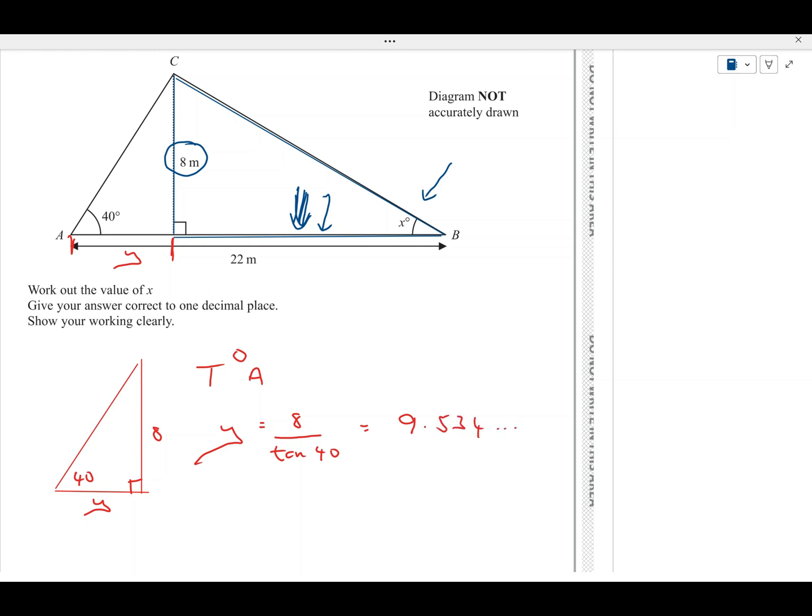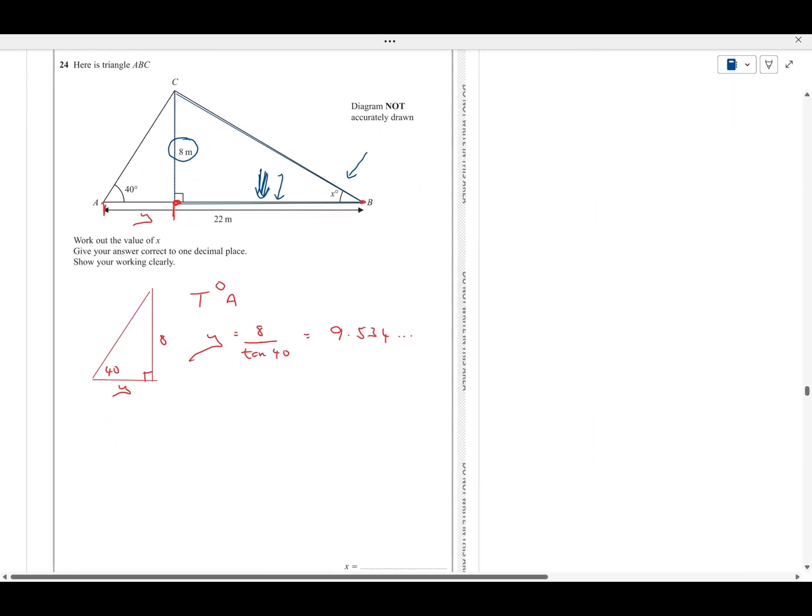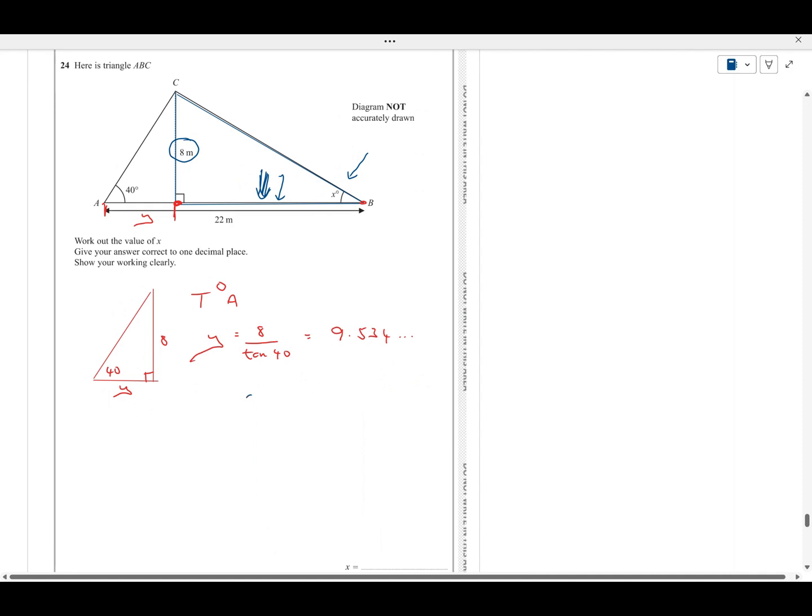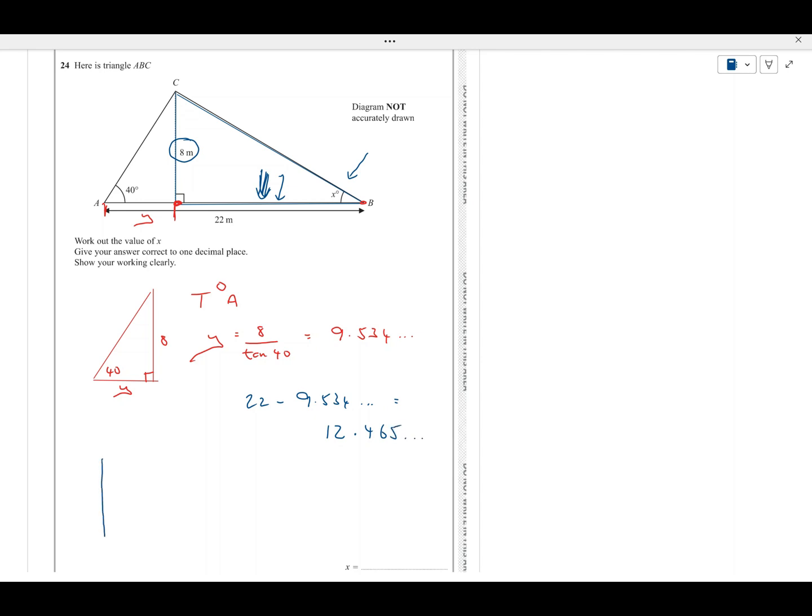So now I know what this length is here along the bottom of that triangle. It's going to be 22 minus 9.534, and so on. So that is 12.465, and so on.